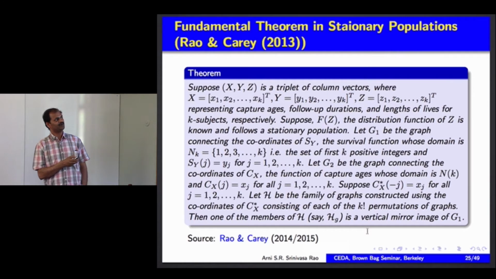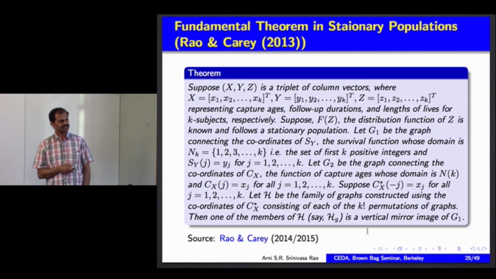Suppose we have a triplet of column vectors x, y, z, where x represents the capture ages, y is the follow-up duration, and z is the length of lives for the k subjects or individuals, and F_z is the distribution function of z, which follows the stationary population. Let G1 be the graph connecting the coordinates of S_y, where S_y is a set of positive integers whose domain is N_k. Let G2 be the graph connecting the coordinates of C_x, the function of capture ages, whose domain is N_k.